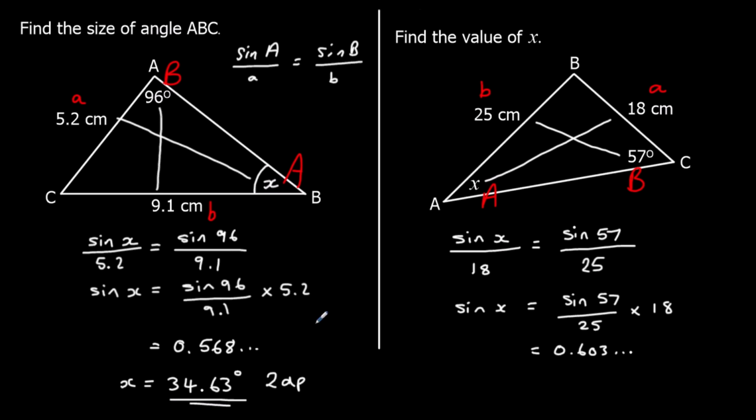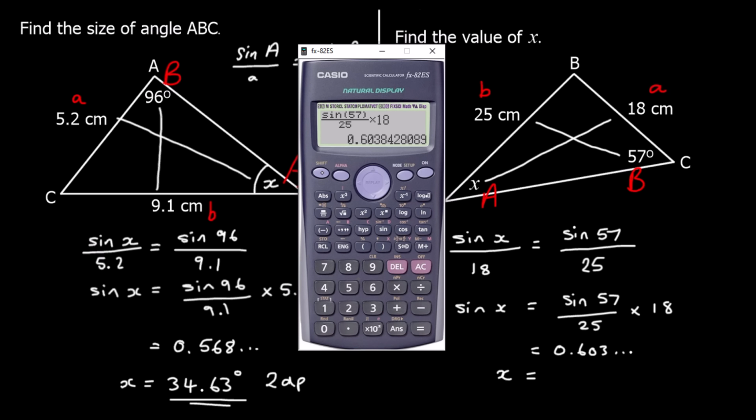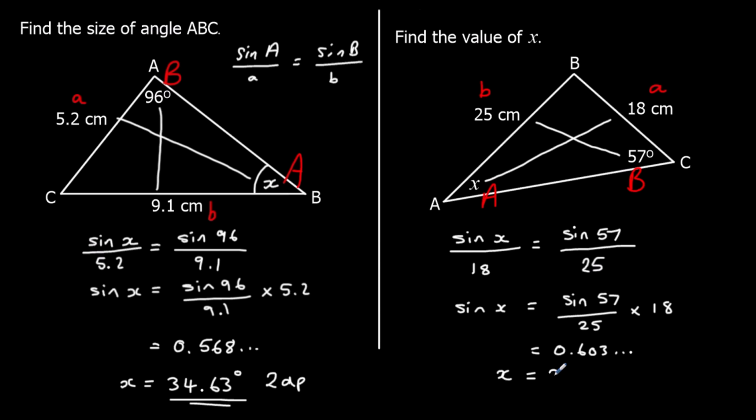So to get sine away from x, we shift sine the answer. And that's 37.15 to 2 decimal places. 37.15 degrees, and again 2 decimal places I'm giving my answers to.